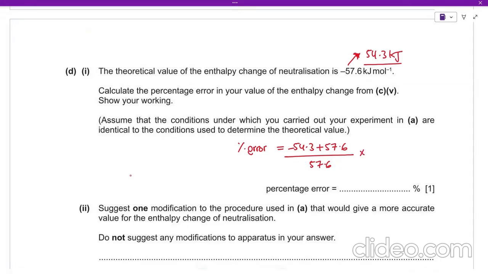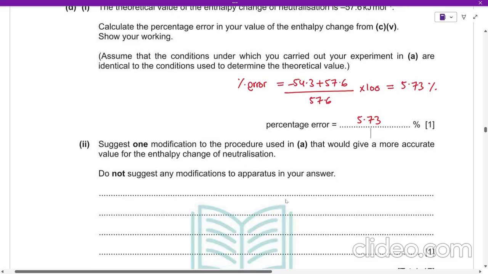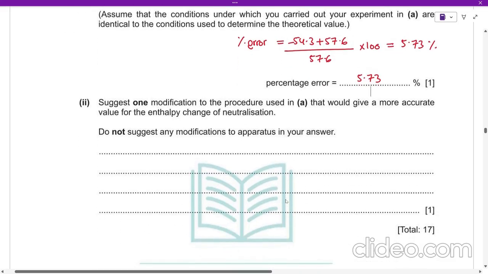So it will be into 100 then. So 57.6 minus 54.3 divided by 57.6 into 100. So it is 5.73, 5.73% error. This means the value is this much of a difference from the original one.